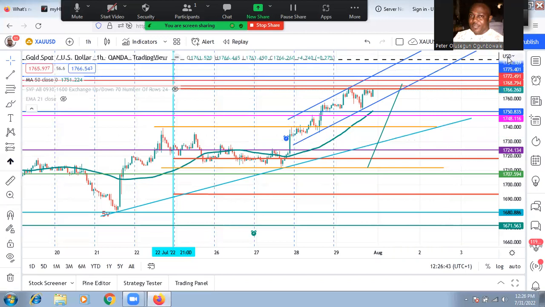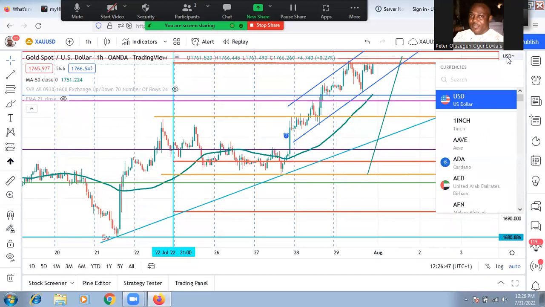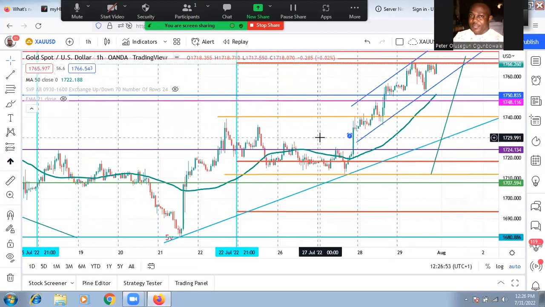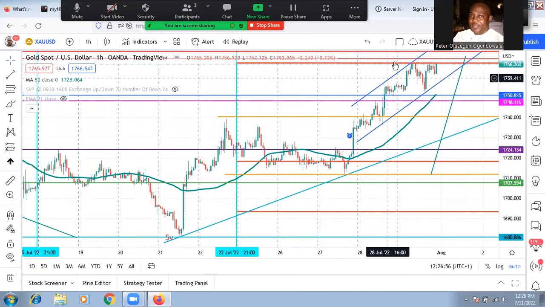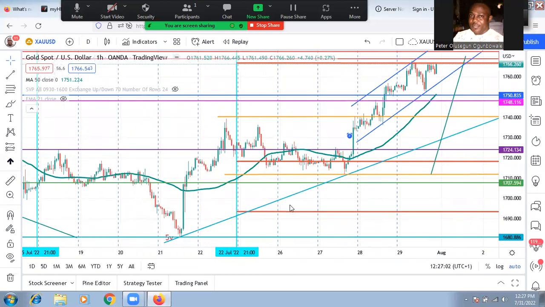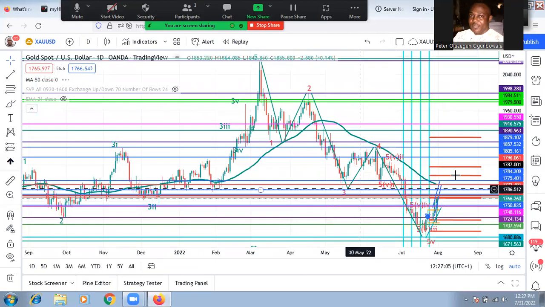So that's on the 1 hour time frame. So if I were you, I don't want to even take that option of selling at 1769. That's what I'm saying. I don't want to take that option at all.